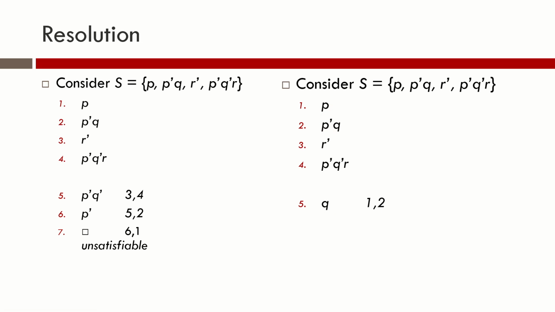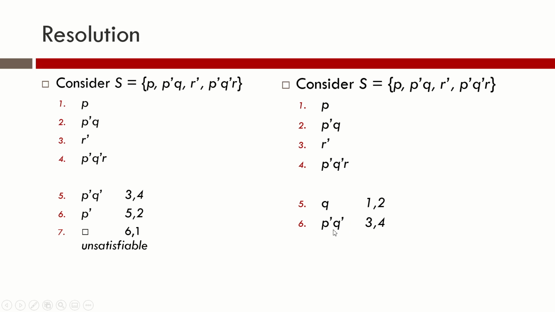Again we need to find clashing clauses. So we have P complement Q complement R, and Q. So you have 3 and 4: here you have R complement, here you have R. When you perform resolution, you get P complement Q complement. Now again you need to find clashing clauses.